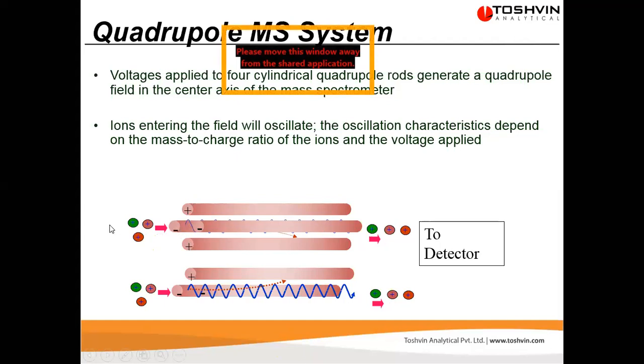Whatever positive ion comes from the ionization source will get attracted towards my negative rod. As it travels towards the negative rod, the negative will get switched over to positive. Now this will become positive, this will become negative. So the ion which was going over here will start moving towards over here.